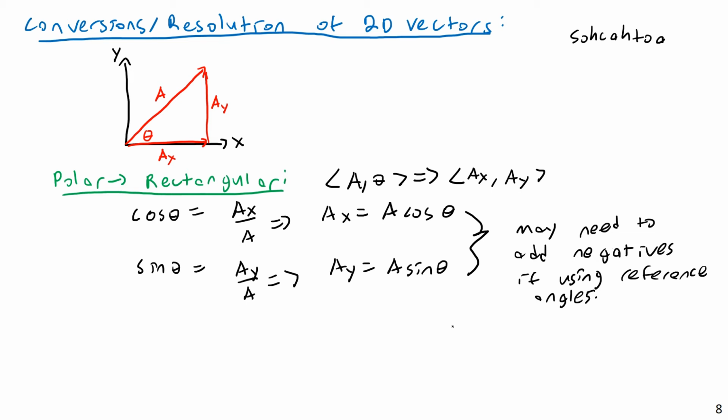But if you're using a global or absolute angle, like an angle that goes from 0 to 360 degrees, say 225 degrees, then you don't need to tack on negatives depending on what quadrant you're in. I usually use relative angles just because it's simpler for 2D problems, rather than worrying about the domain of arctangent and things like that. But if you're using the relative angles, which we often do, you need to add on negatives as appropriate.